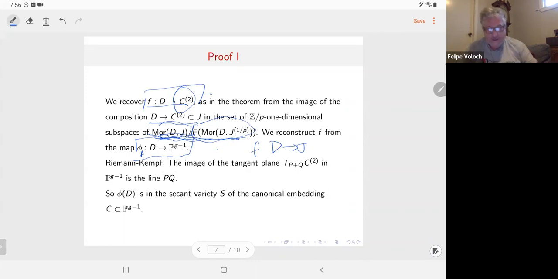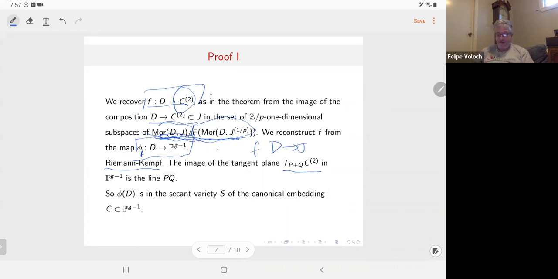Okay, so how am I going to do this? I'm going to use the Riemann-Kempf singularity theorem, which is very classical. What I need was proved by Riemann, but Kempf generalized it. It is a description of the tangent plane at a point P plus Q of the symmetric square.